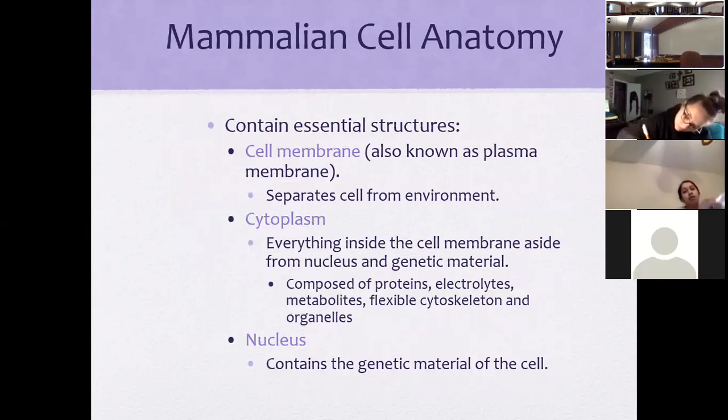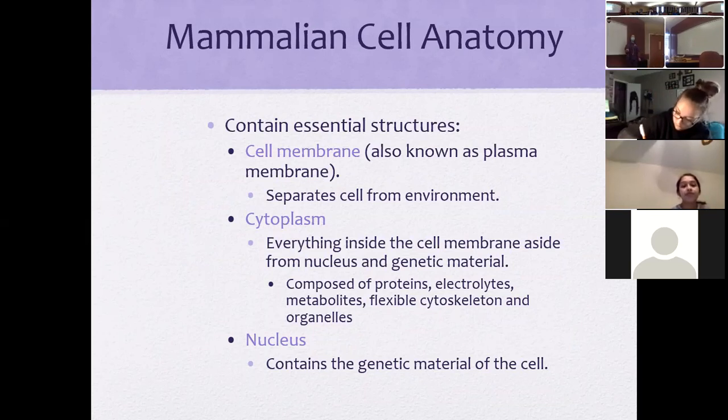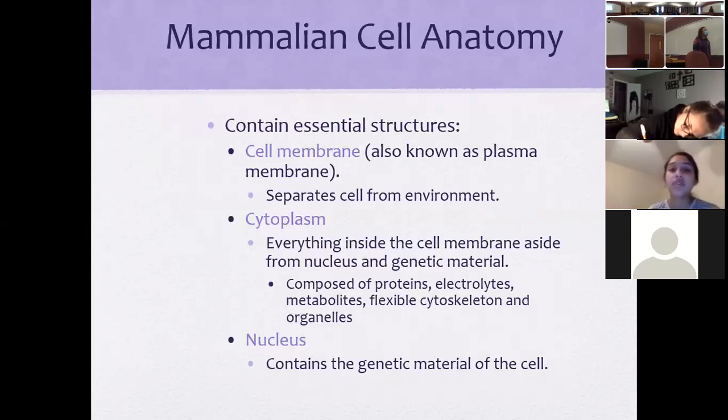Now, both plants and animals contain cells. We are going to function most on the mammal cell. The mammal cell, all mammal cells, contain some similar structures. We have the cell membrane, which functions very similar to my skin. In fact, I think of it like the skin of the cell. This cell membrane, this skin, helps keep stuff in and keep stuff out, right?